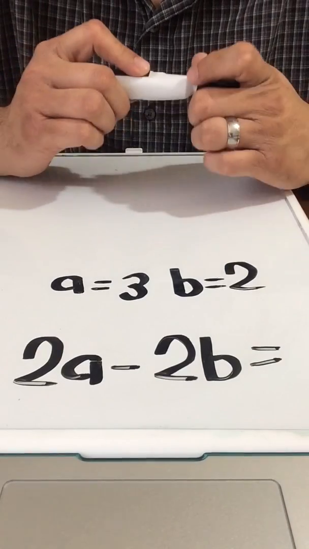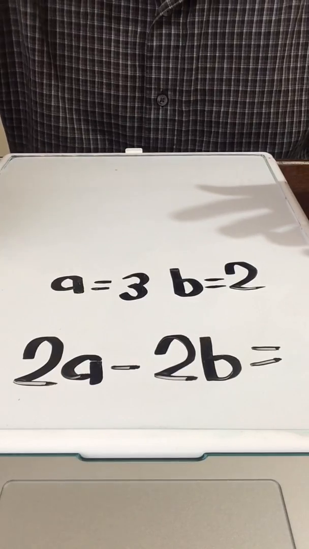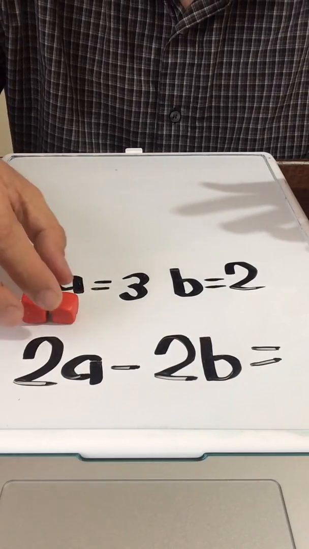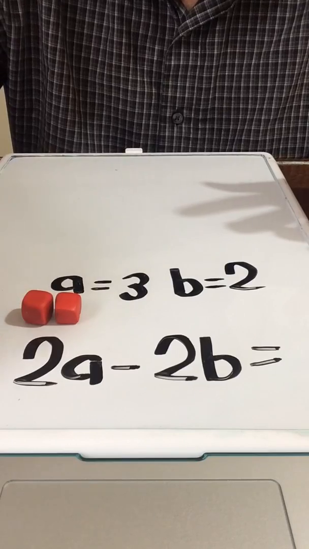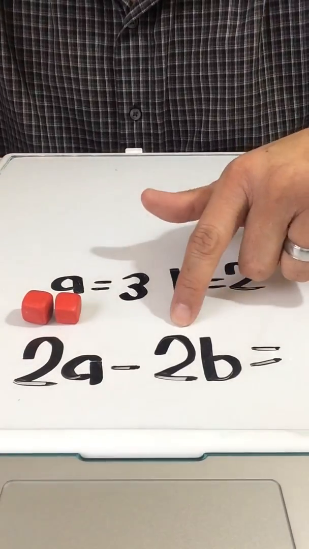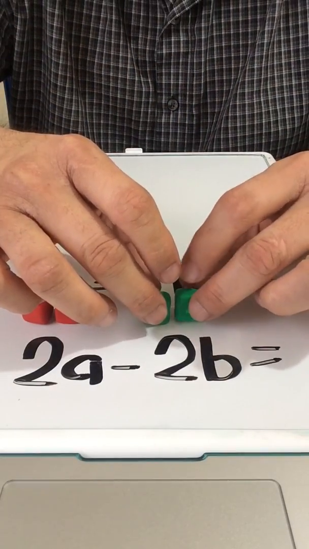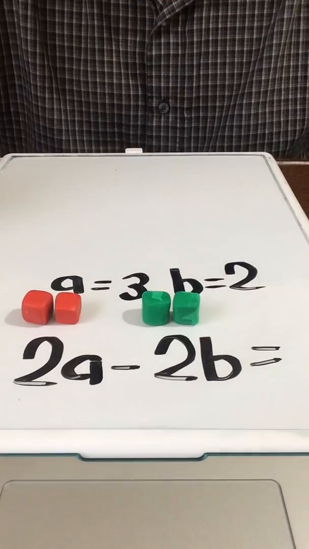So now we'll use the manipulatives to work out the problem. Let's say that these 2 clay blocks are the 2 in the problem. And then we have another 2 in the problem, so we're going to use 2 green blocks for that number 2.